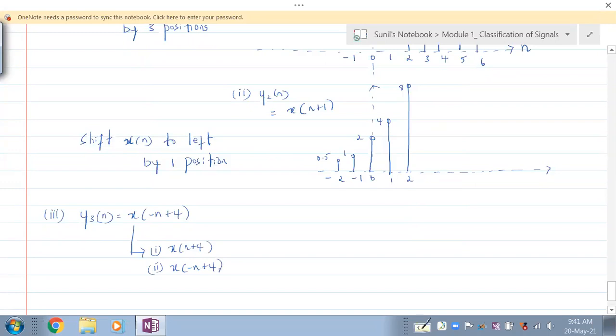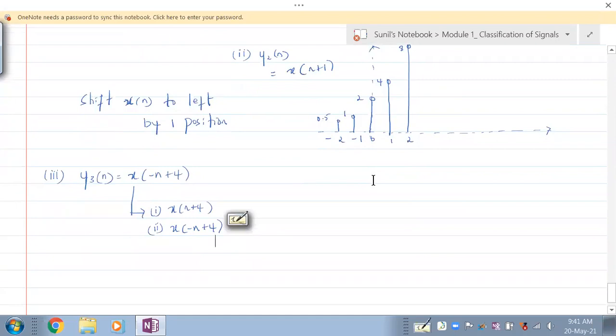This is how things go. So first you have that x of n with you, and that x of n you now need to shift to the left by 4 positions. So let's have x of n plus 4 first.